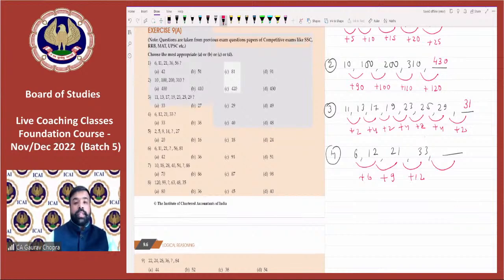So this time the gap is increasing by 3, plus 6, plus 9, plus 12. So the next number should be plus 15. So 33 plus 15 is 48. So the correct answer would be 48. Option number D.